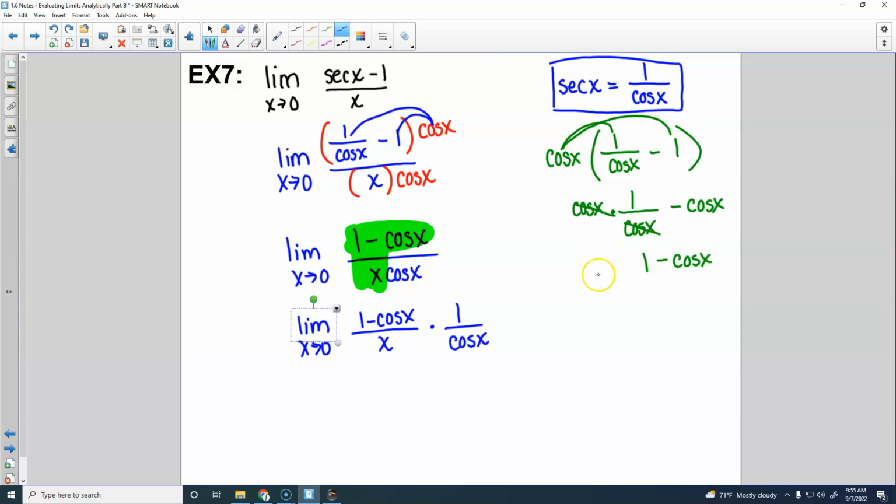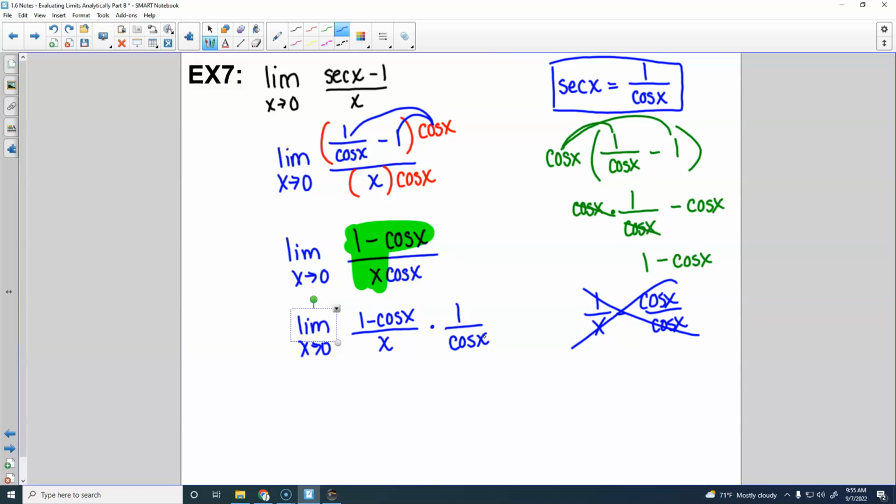Now, I could not split it like this, 1 over x minus cosine x over cosine x. I can't split it at the subtraction sign. That would be terribly bad, right? But because this stuff right here is multiplied, I can pull this stuff away and just pull the 1 over cosine x over to the side.